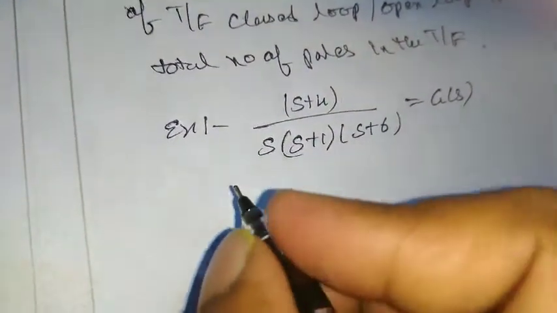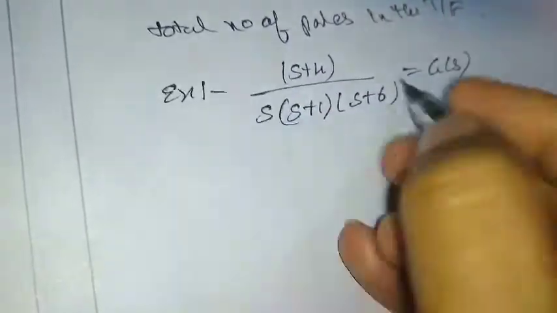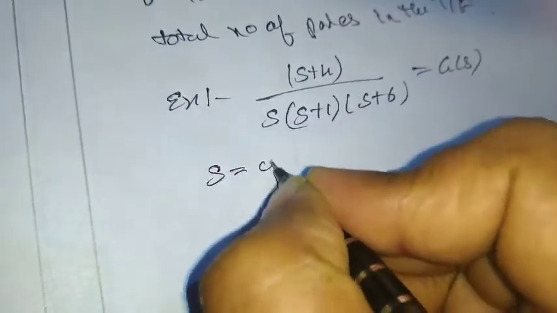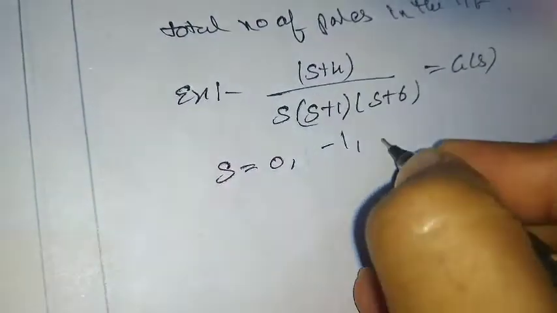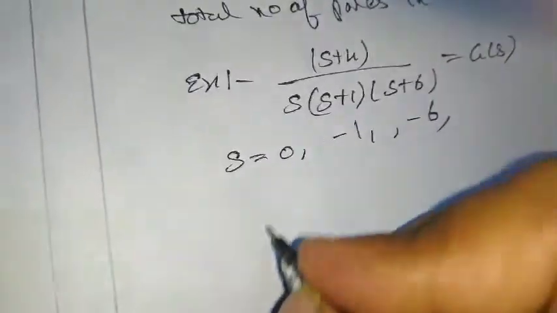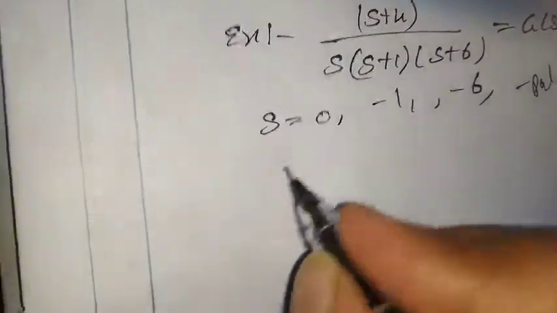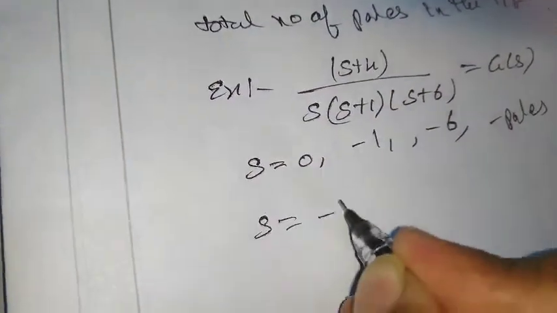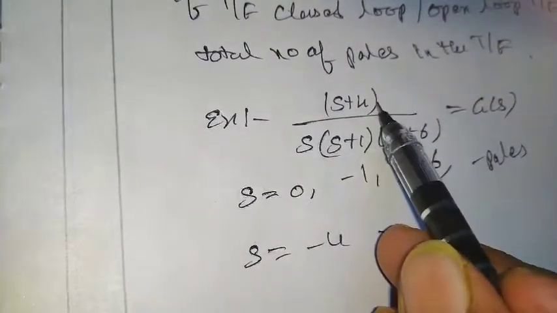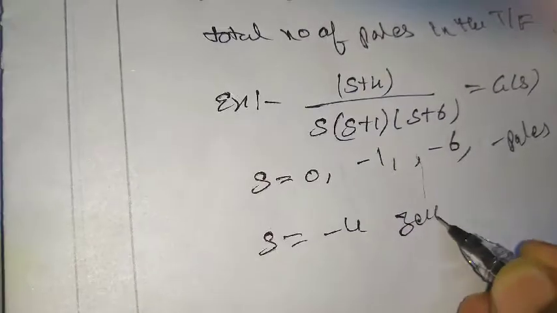In this function I have 3 poles in the denominator, that are s equal to 0, -1 and -6. What are zeros? s equals -4. I have only one root in the numerator, so that is the zero.